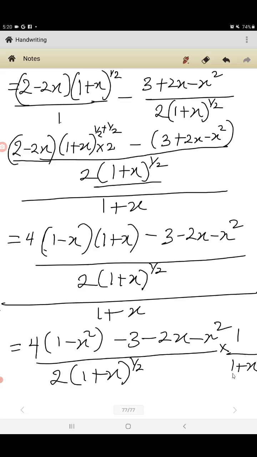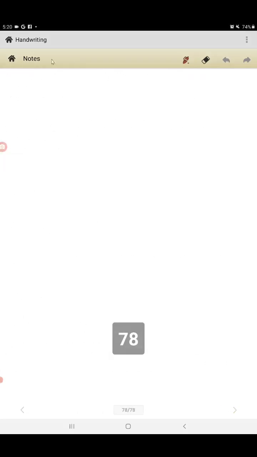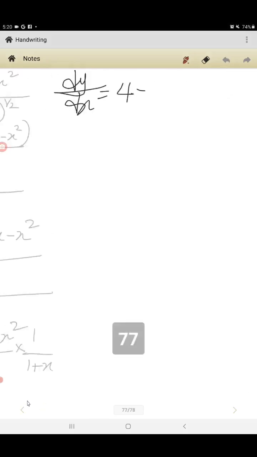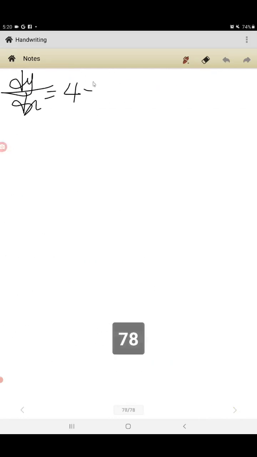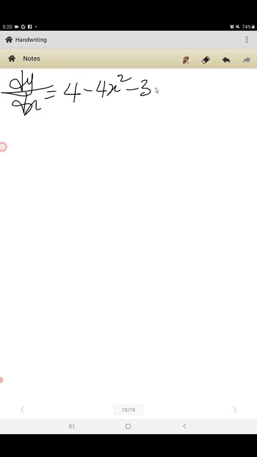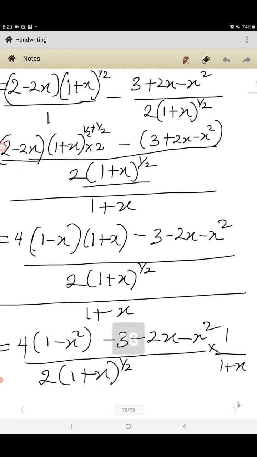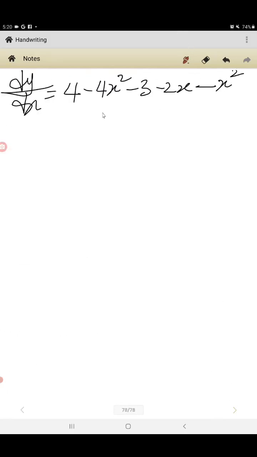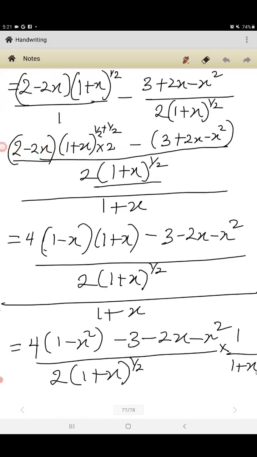So you just try to bring it near. So let's expand this. It will now give you 4 minus. So dy with respect to s is 4 minus 4s squared. Minus 3 minus 2x minus s squared.